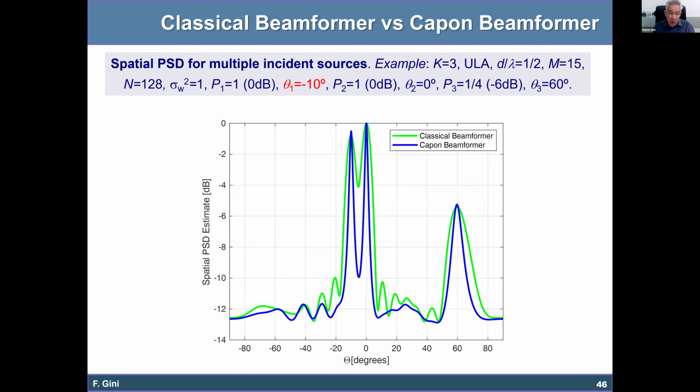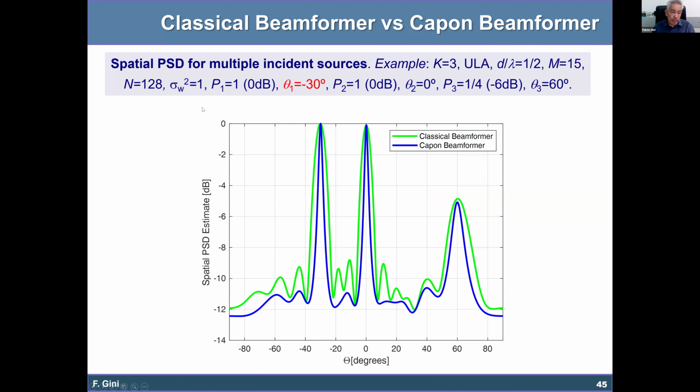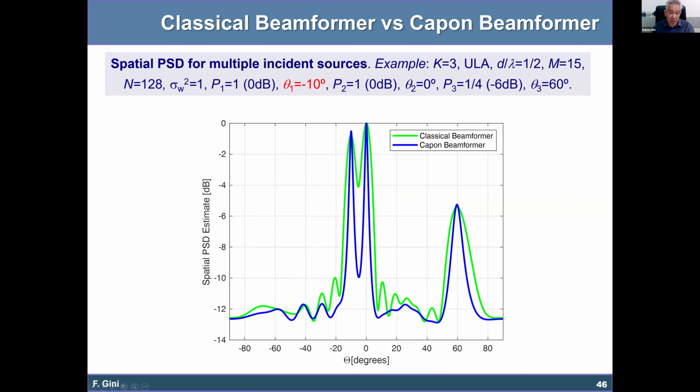In this figure, the direction of arrival of the first source is -30, the second is 0. If the distance between the two is smaller, so for example, θ1 is -10, you can see that the classical beamformer tends to have problems because the two peaks are less and less separated.